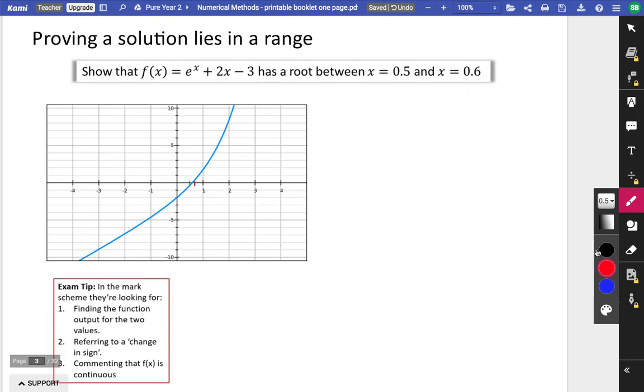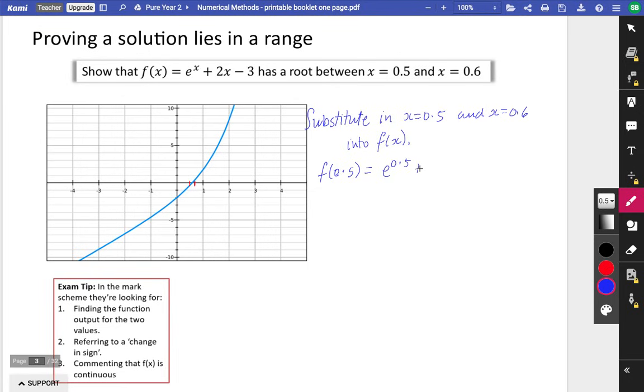Now, our strategy for doing this is that we want to substitute x equals 0.5 and x equals 0.6 into f of x, and we're going to see if we can work out what happens. So first of all, when we do f of 0.5, I'm going to substitute 0.5 into the function.